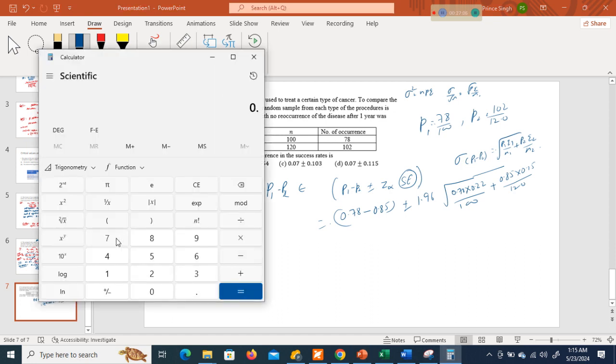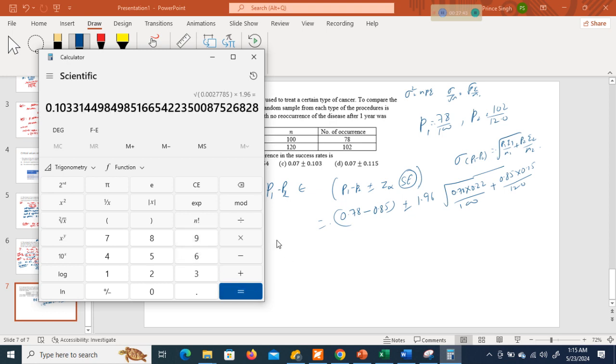0.78 multiplied by 0.22 divided by 100 plus bracket 0.85 multiplied by 0.15 divided by 120, and we take its square root and multiply by 1.96.